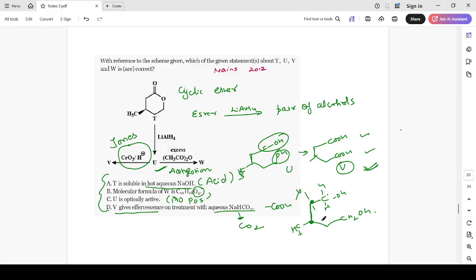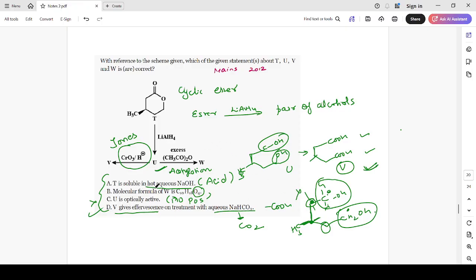Looking at this carbon, 1 CH3, 1 H, same methyl unit. Let me go for the second point of difference: CH2OH, CH2OH, again no difference. So it cannot be optically active, because this carbon is also not chiral here. So this can't be the answer.